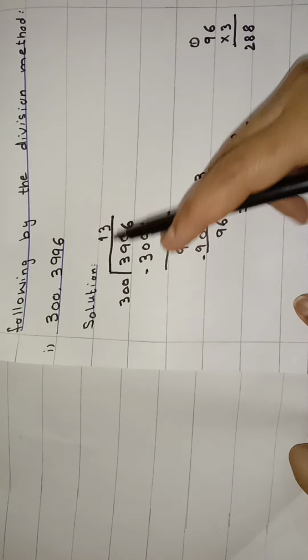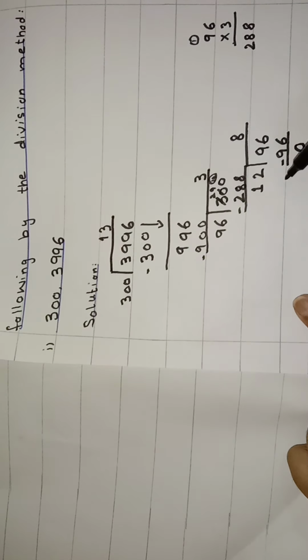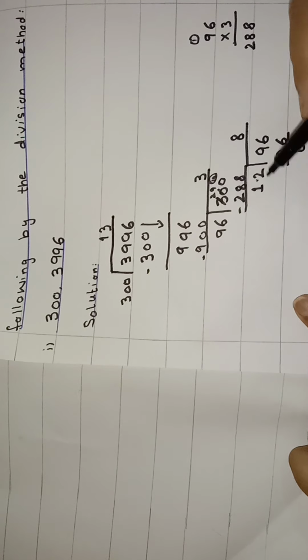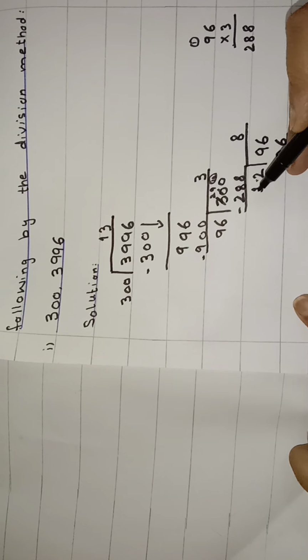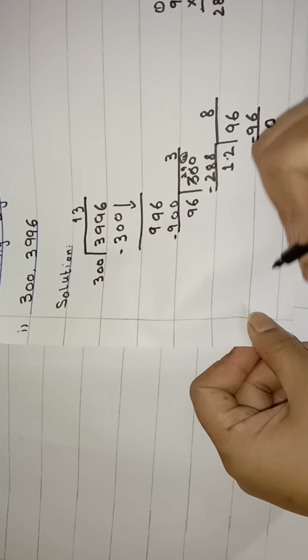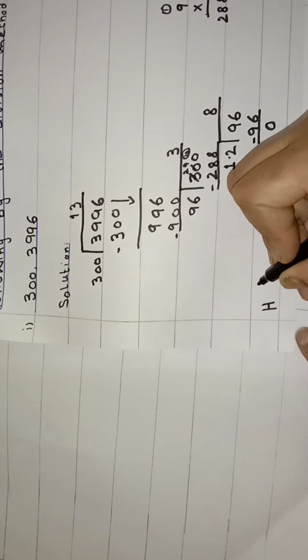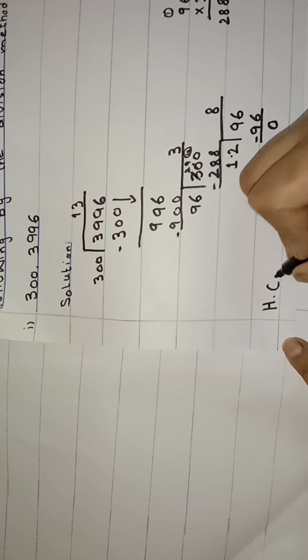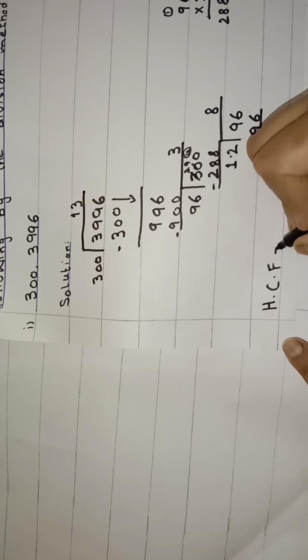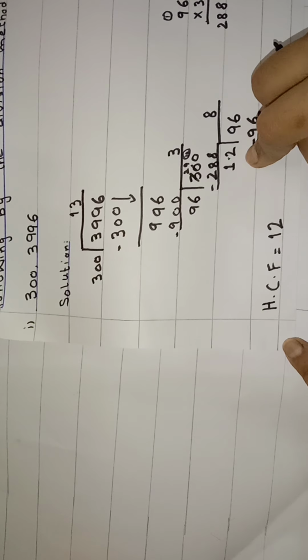So the HCF of 300 and 3996 is 12, the last divisor. At the end we will write HCF is equal to 12, our last divisor.